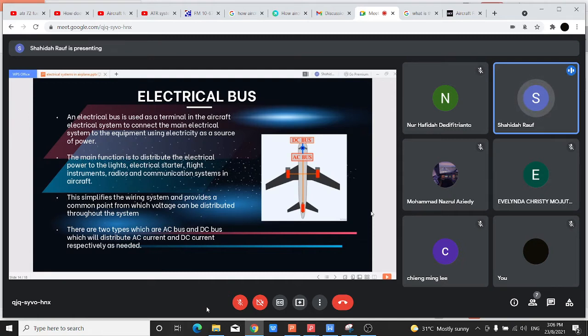Okay, an electrical bus is simplified as a wiring system and provides a common point from which voltage can be distributed throughout the system. There are two types, which are AC bus and DC bus, which will distribute AC current and DC current respectively as needed.